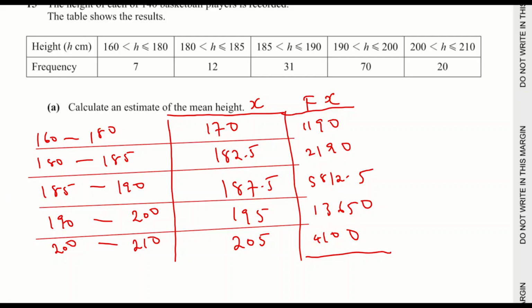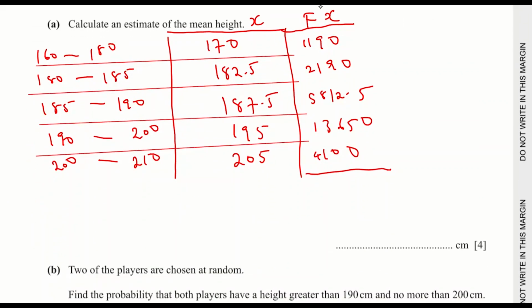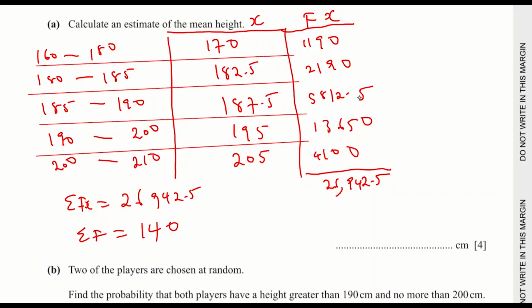So the summation of these numbers here, that is fx, will add up to 26942.5. So summation fx equals 26942.5, and the summation of the frequencies will be 140.